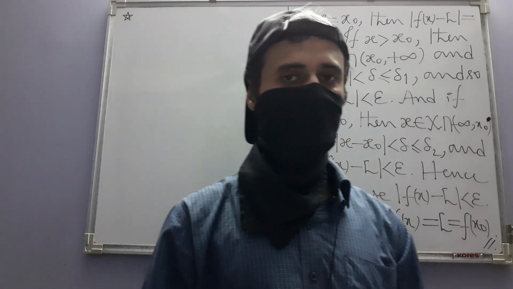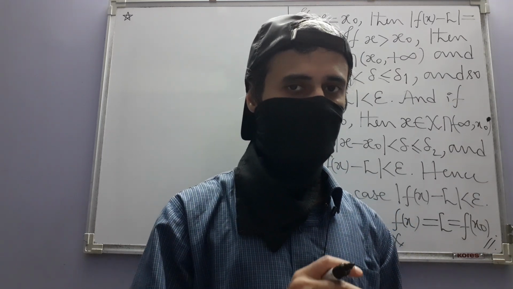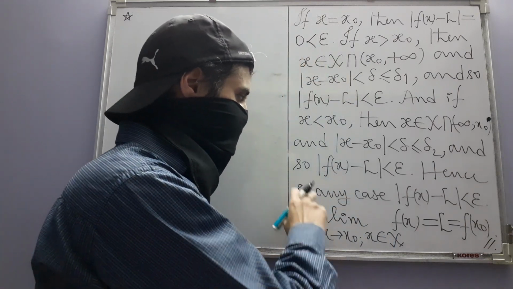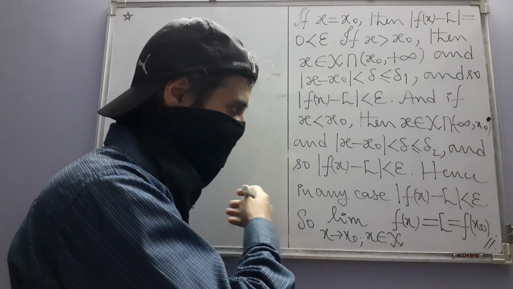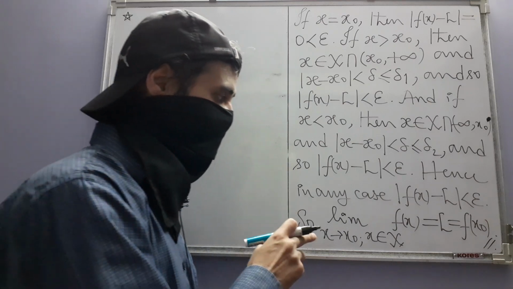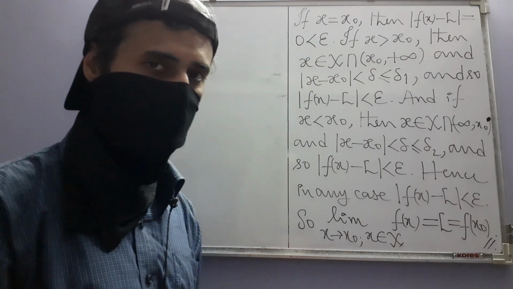So that immediately tells us that the SGN function is not continuous at 0, because by what we did before, this proposition, we know that if a function is continuous, then the two-sided limits exist and are equal, and the proposition provides its converse too.